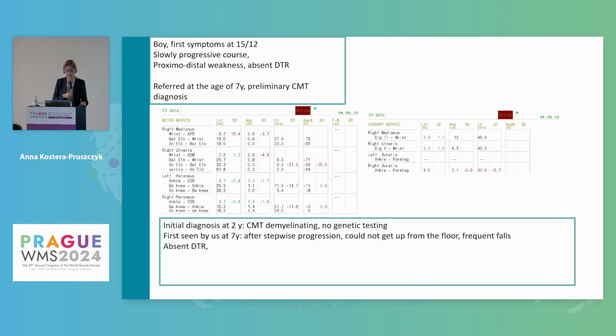No family history. He was referred after stepwise progression. At that time, he was not able to get up from the floor. There were frequent falls, absent deep tendon reflexes.